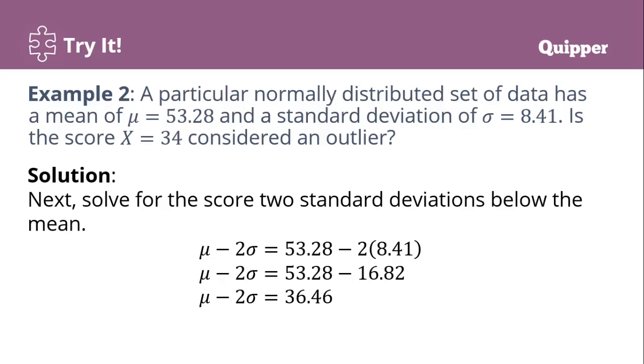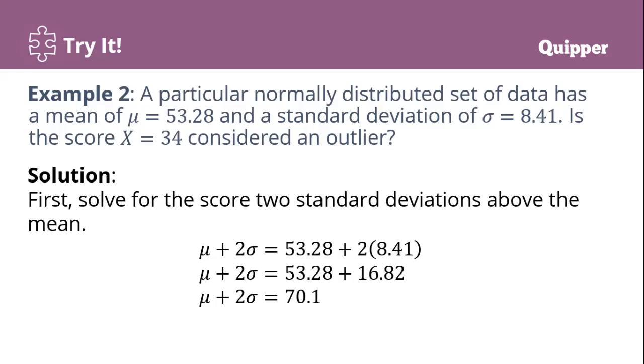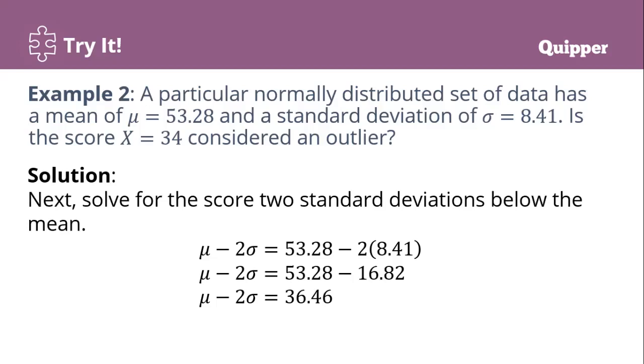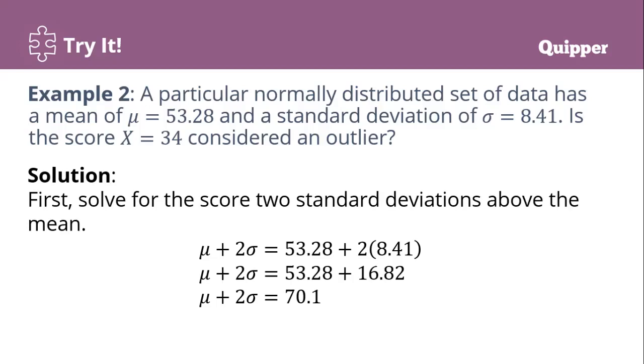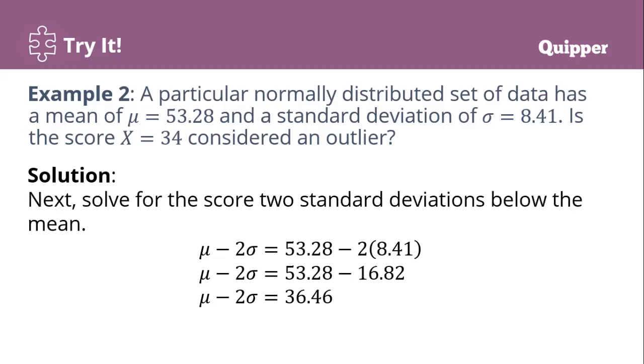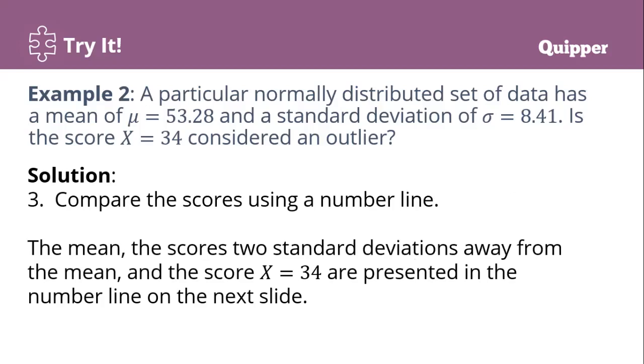Next, we use minus instead of plus, and the answer is similar: 53.28 minus 16.82 is 36.46. We then compare using a number line.